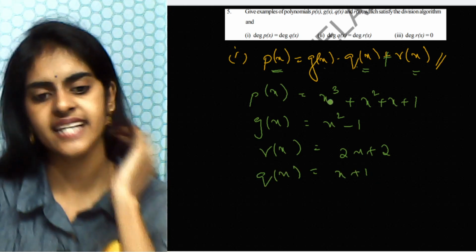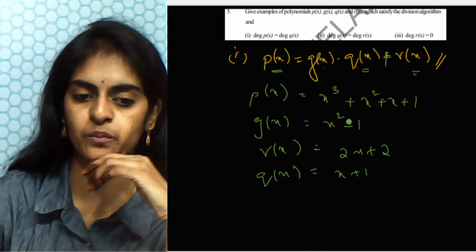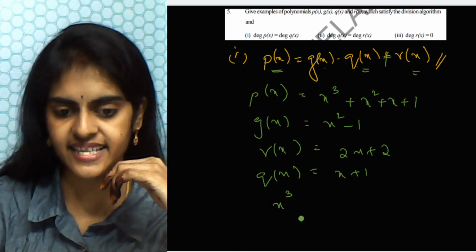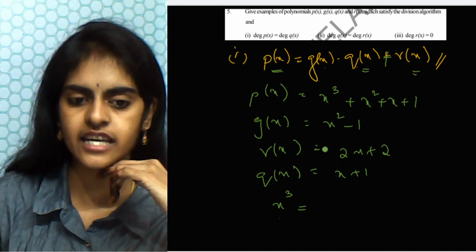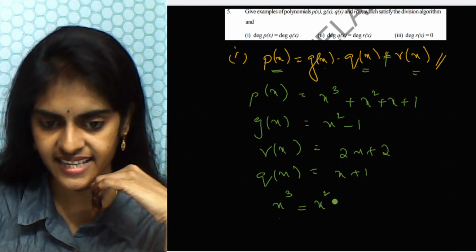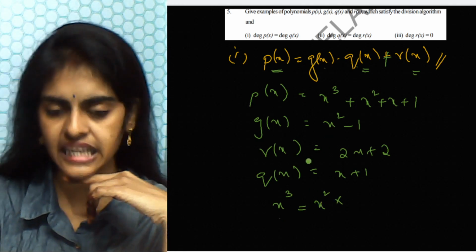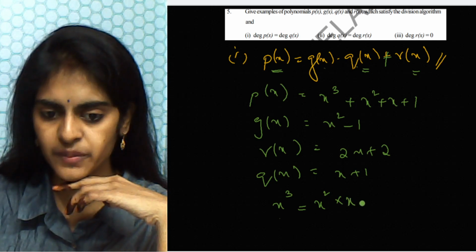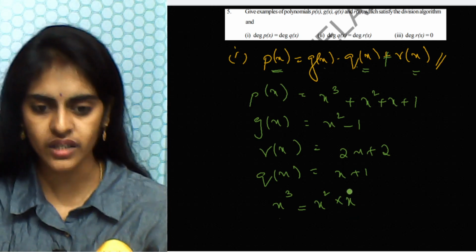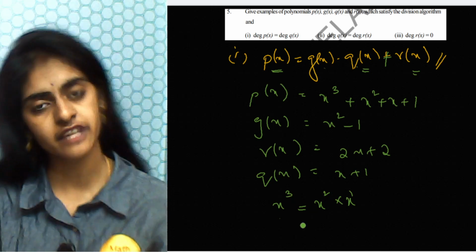I have taken p of x as x cube and g of x as x square. So definitely q of x should be x, isn't it? Only then 2 plus 1 will give you 3.